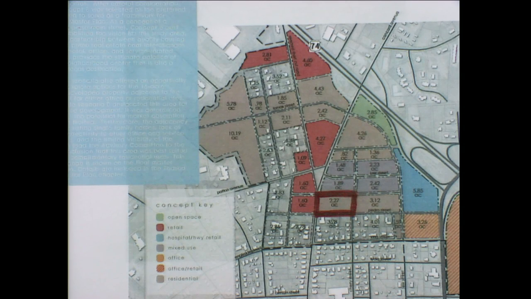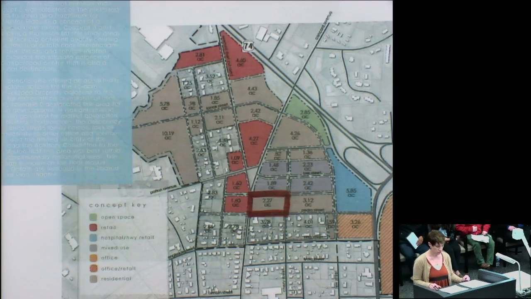All adjacent property owners have been notified of the proposed use through mail, and a rezoning sign has been placed on the property in accordance with the North Carolina General Statutes.